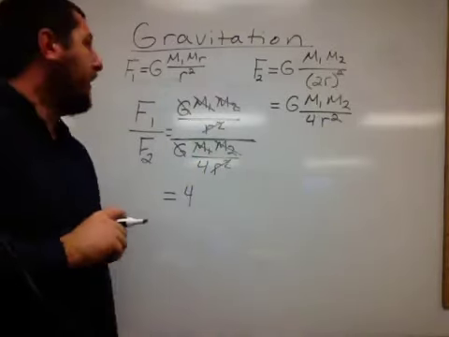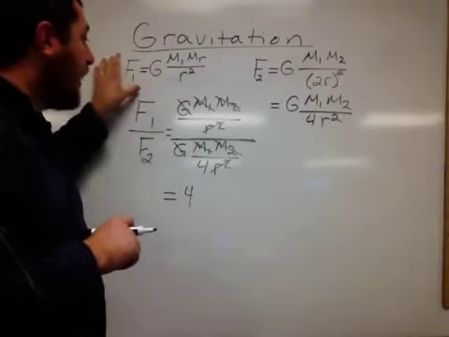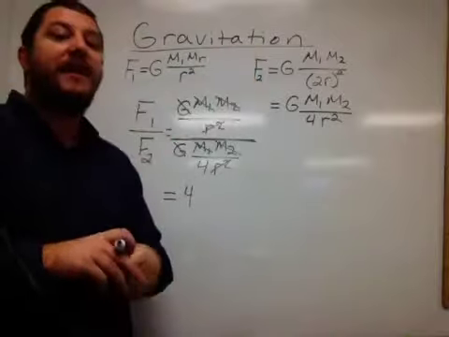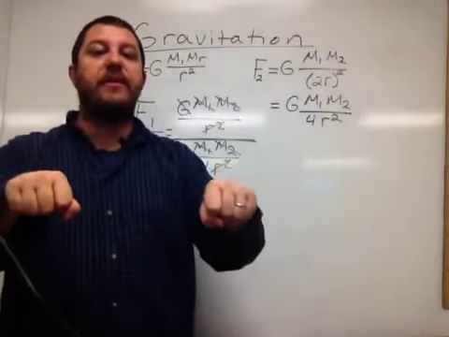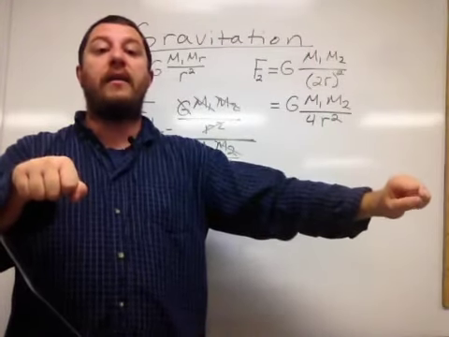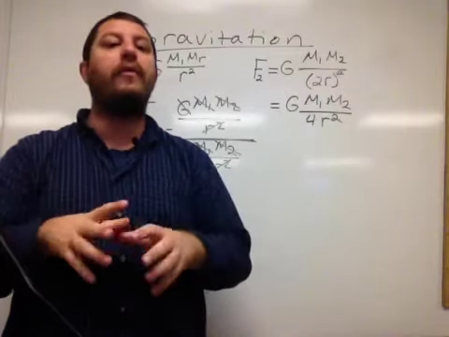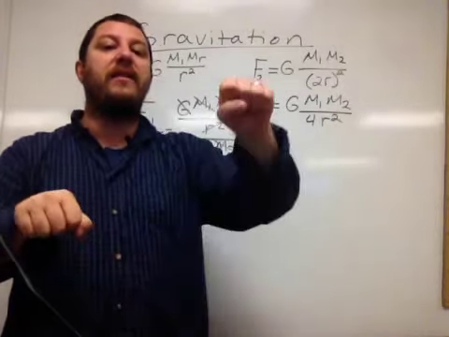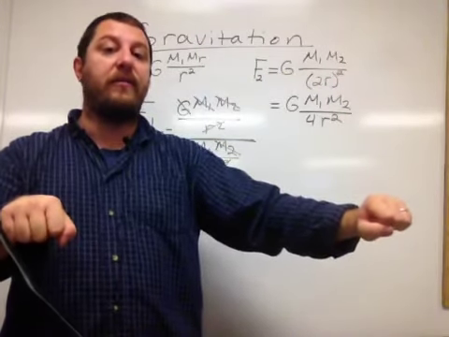What this is telling you is that the force in the original case is 4 times greater than the force in the second case. So, in the first case, our objects were some distance r apart. We double that distance to 2r, and the force in the original case is 4 times greater. So what this is saying is, if I double the distance, then the force goes down by a factor of 4.